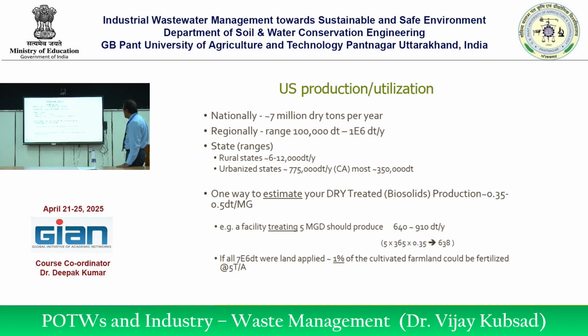I've given an example. A facility treating 5 million gallons per day capacity. It's in gallons. If you convert that with 3.78, then it will be in MLD, right? So it should produce about 640 to 900 tons per year, right?